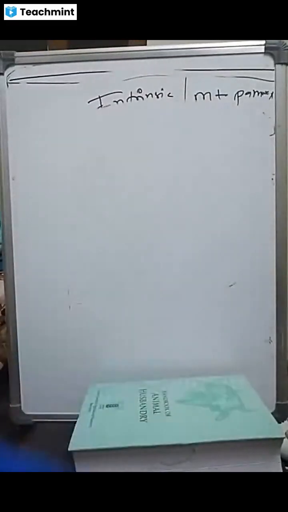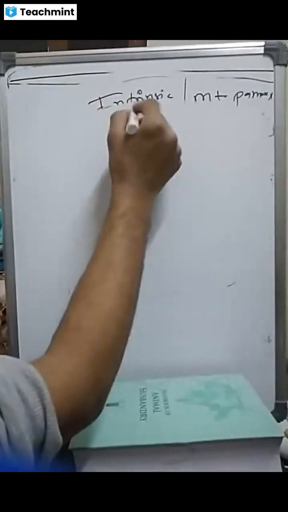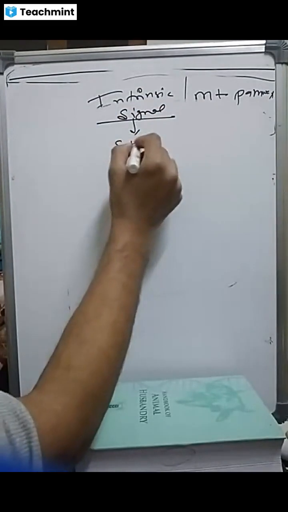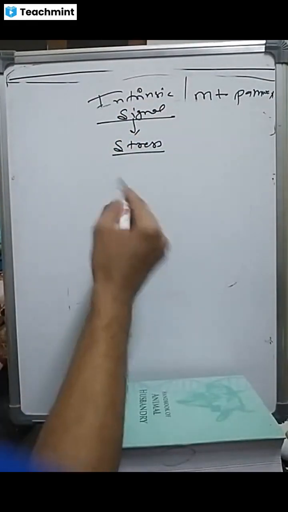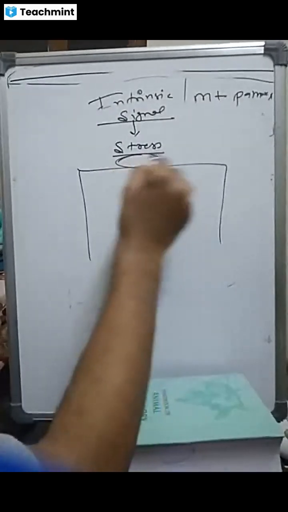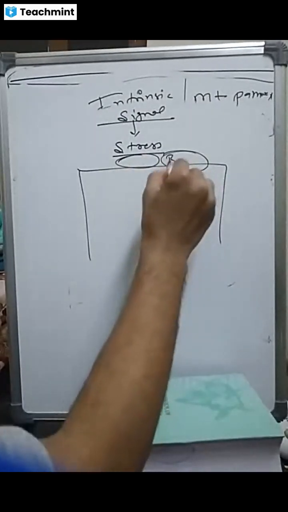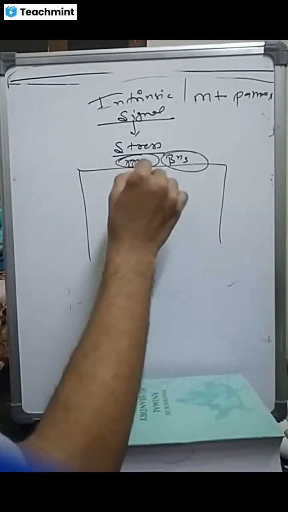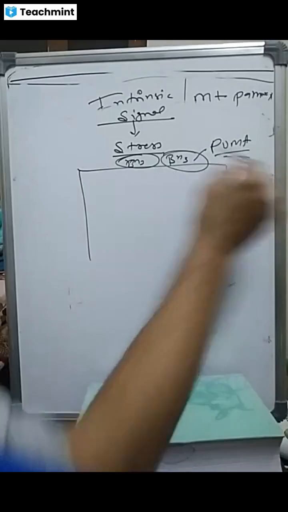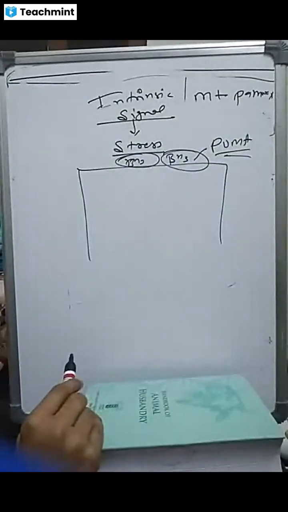With the intrinsic pathway, what is the signal to start the pathway? That is stress to the cell. If the stress comes, the BH3 family protein will sense it. The example is PUMA, which will sense this stress.